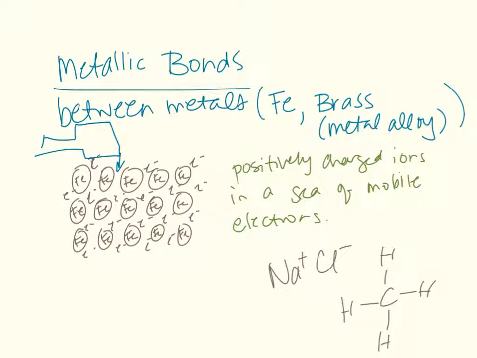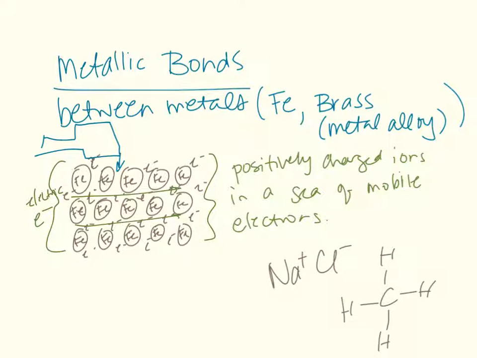Not only that, but if you apply an electric current to this, electric current is just electrons. And so then all of a sudden these electrons can move through here with the other electrons.